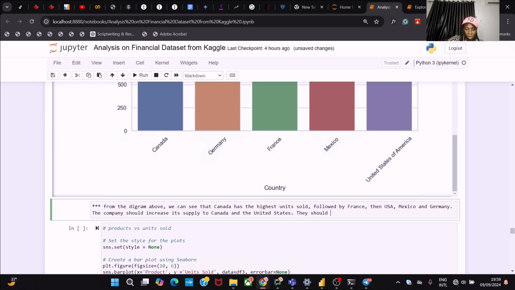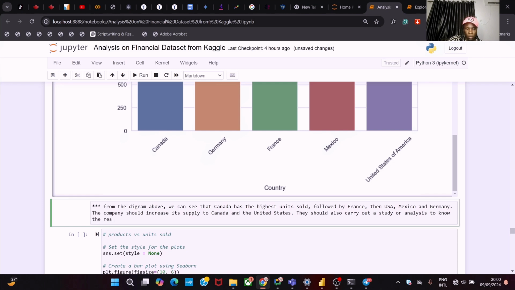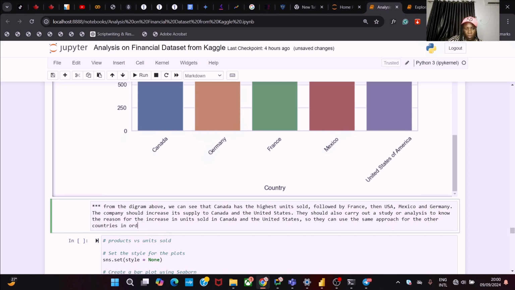They should also carry out a study or analysis to know the reason for the increase in units sold in Canada and the United States, so they can use the same approach for the other countries in order to increase unit sales.